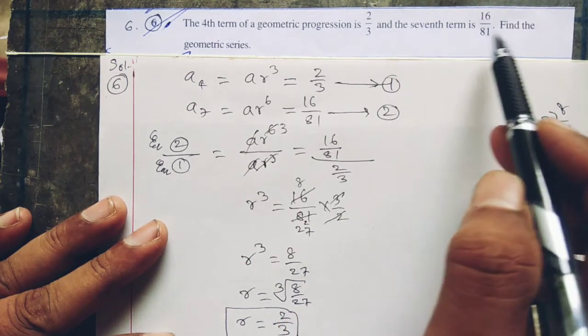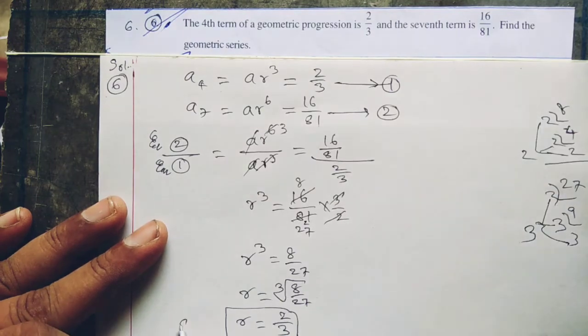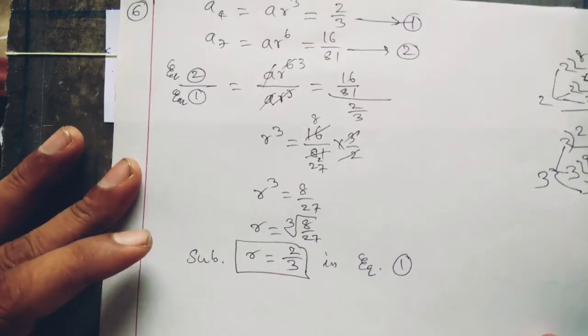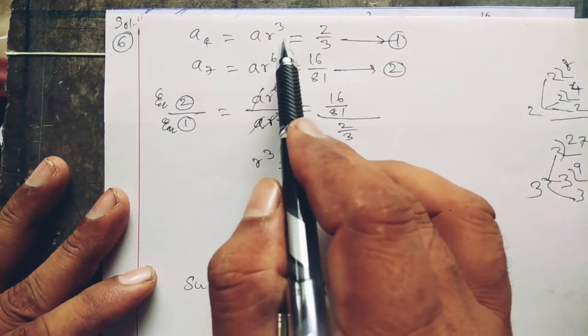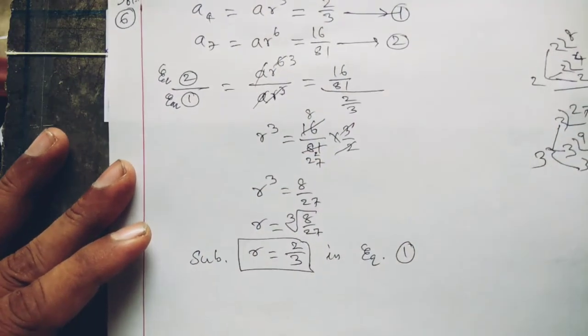Here we have to substitute R is equal to 2 by 3 in equation 1. Equation 1: AR cube is equal to 2 by 3.